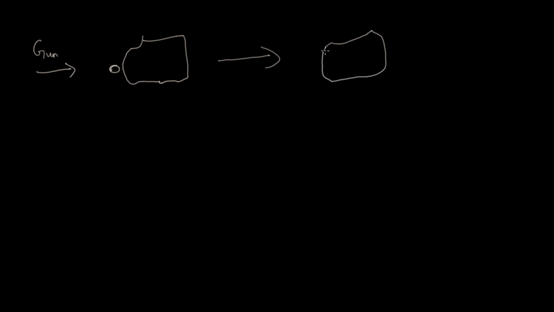So let's say we have a given box. I'm just using it as an example. Let's say you shoot this box with a gun. The moment the bullet hits the box, there is ionization first.